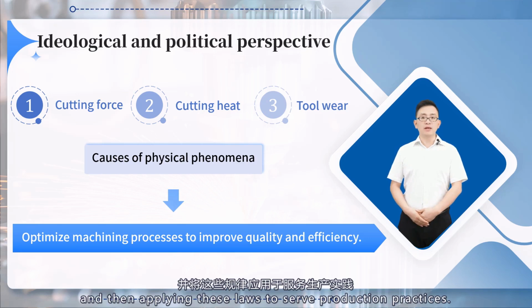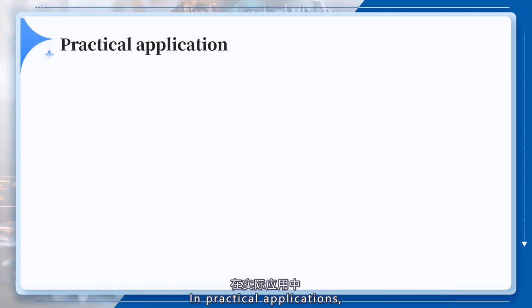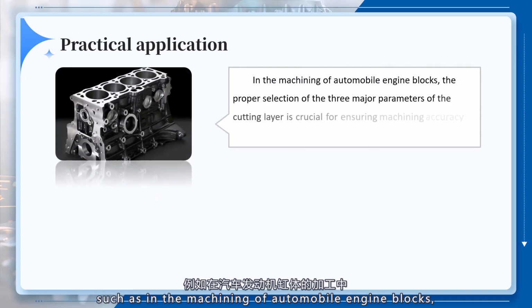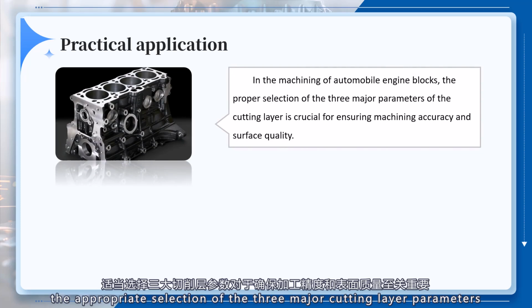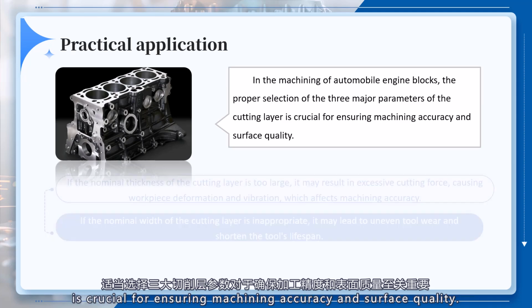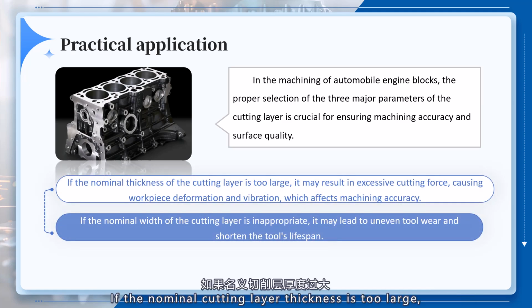and then applying these laws to serve production practices. In practical applications, such as in the machining of automobile engine blocks, the appropriate selection of the three major cutting layer parameters is crucial for ensuring machining accuracy and surface quality. If the nominal cutting layer thickness is too large, it may result in excessive cutting force, causing workpiece deformation and vibration, which can affect machining accuracy.